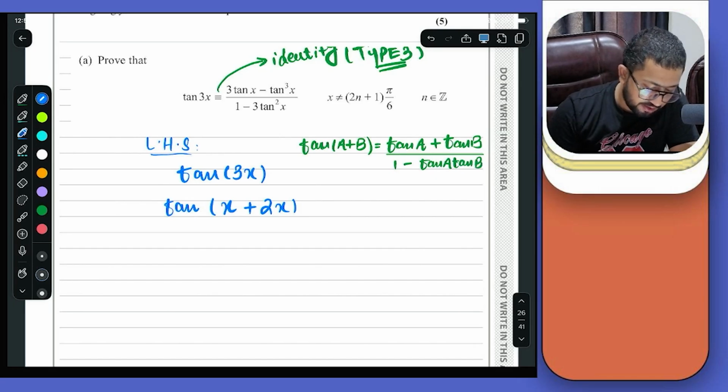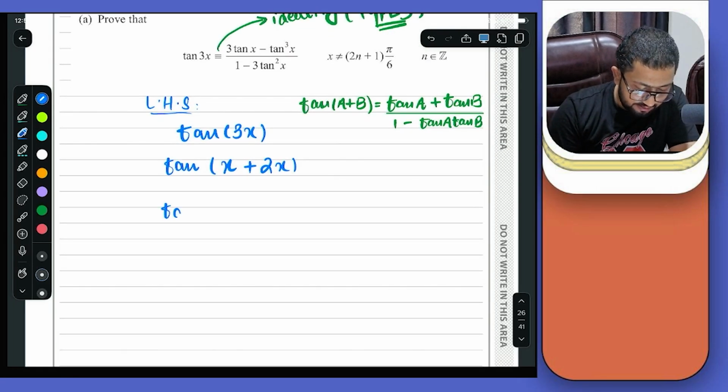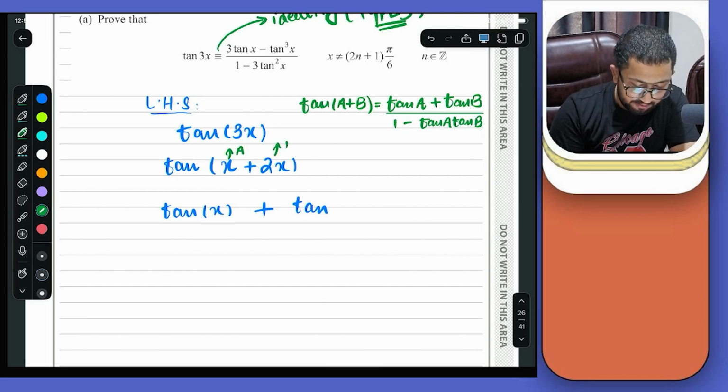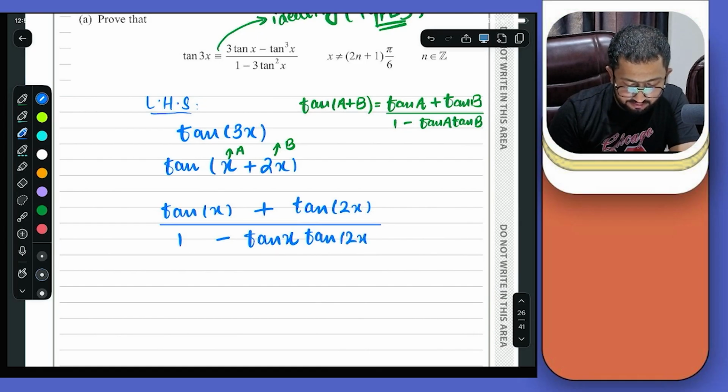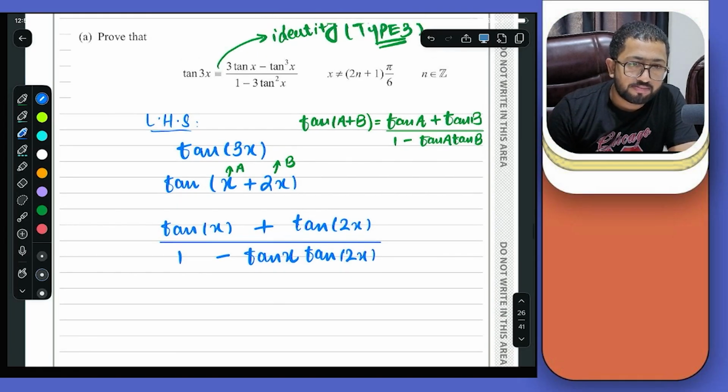So let's apply this formula. You can see that is your A, that is your B. Tan A plus tan B divided by 1 minus tan A tan B. Please remember, whenever you see a 3x angle in P3, always write the 3x angle like this, x plus 2x, then apply the compound angle formula.